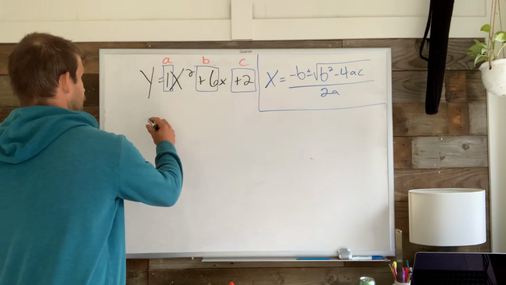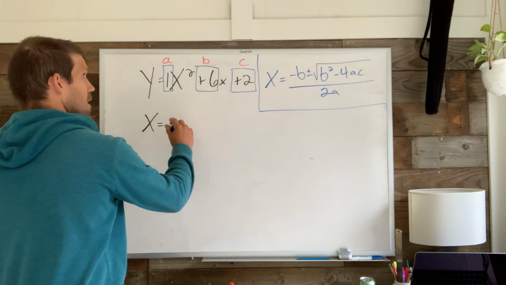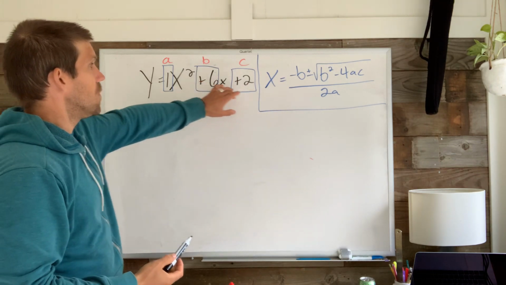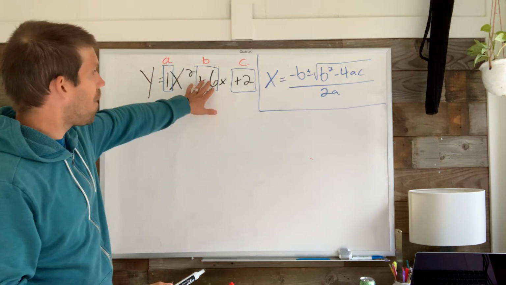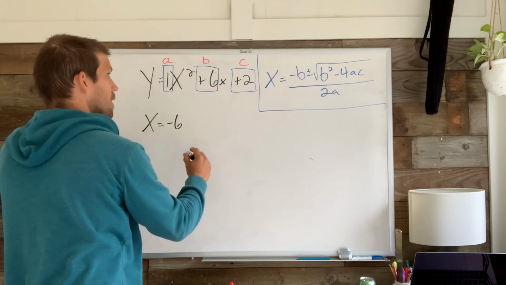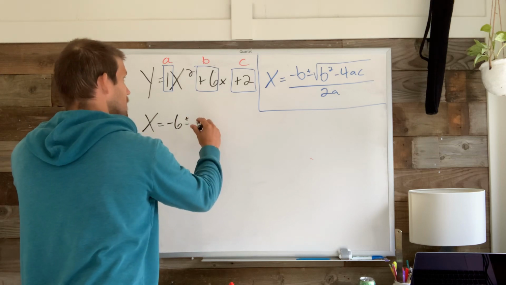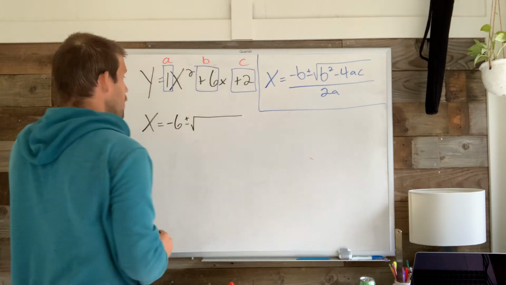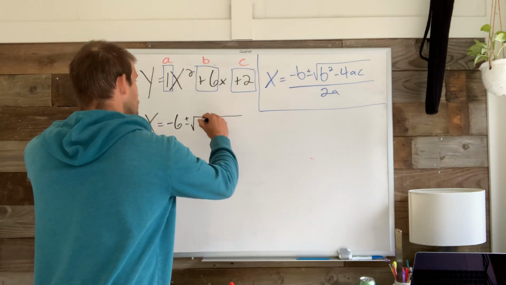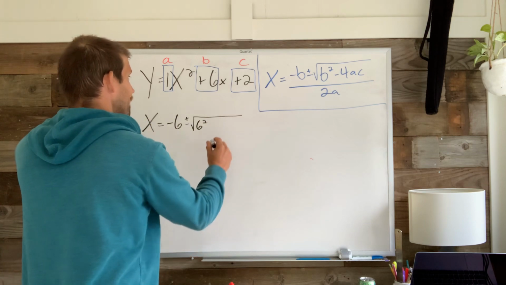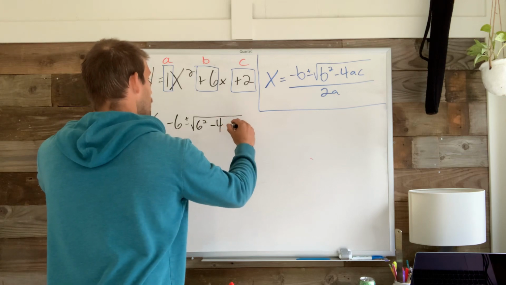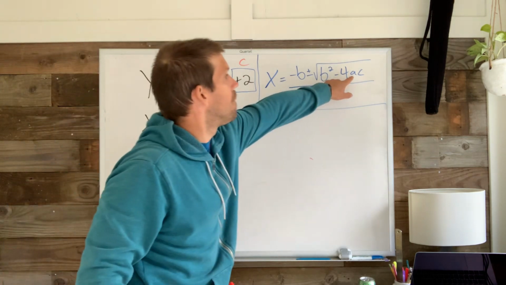Now we're going to, instead of writing our variables, input the numbers. So to start, we have a negative b, which means the opposite sign of what b is. So in this case, it'll be a negative 6 plus or minus the square root of b squared. We know that b is 6, so we'll say 6 squared minus 4 times a.